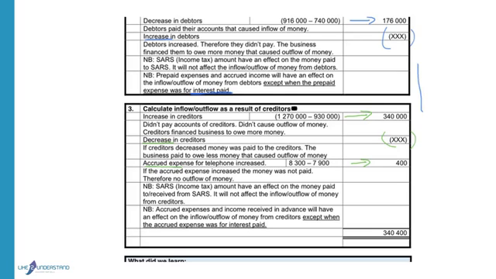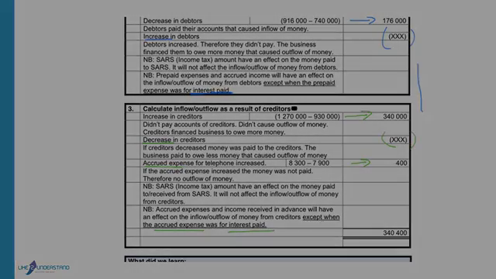SARS income tax will not be taken into account with the creditors because it's shown separately on the face of the cash flow statement, and accrued expense and income received in advance in connection with any other income and expense will be taken into account with creditors, but if it is an accrued expense in connection with interest, it will not be taken into account with the creditors.